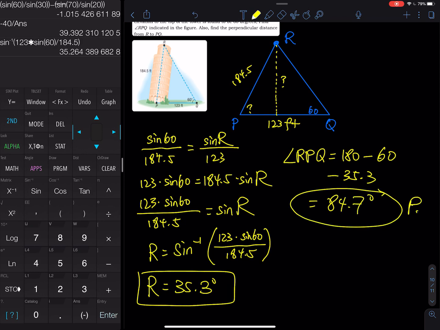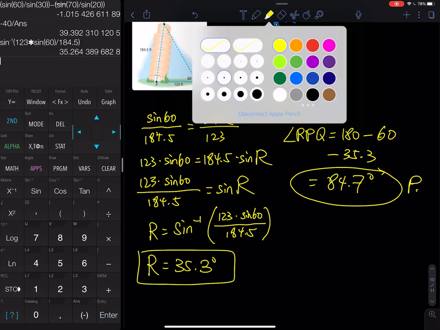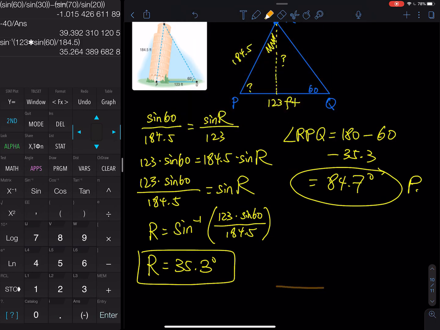All right. And then the one last thing is they want to find the height. So in order to find the height, I will be using a right triangle. So let's cut a piece of the triangle. Let's cut this piece. So I am going to draw a triangle right here. Oh, I use my highlighter.